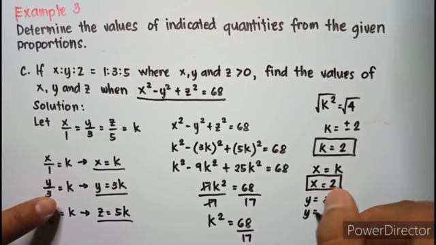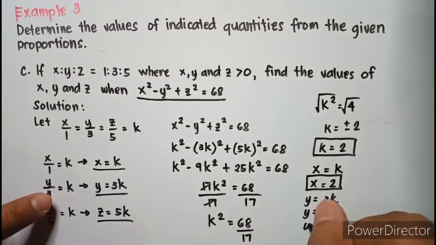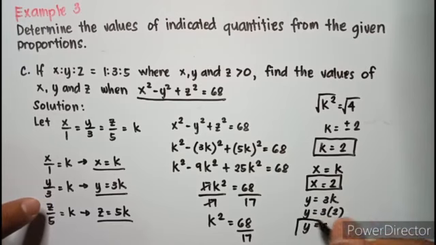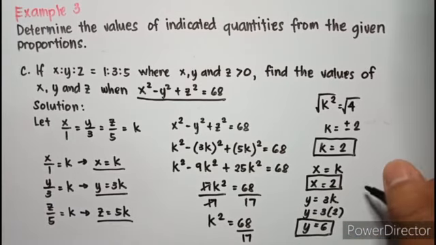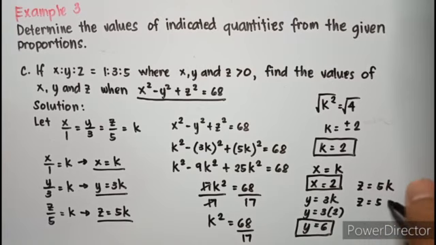So y is equal to 3 times our k, which is 2. So y is equal to 2 times 3, 6. Then z is equal to 5k. So z is equal to 5 times 2. So our z is equal to 10.